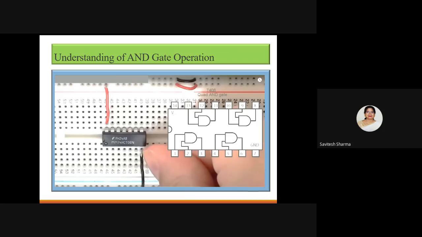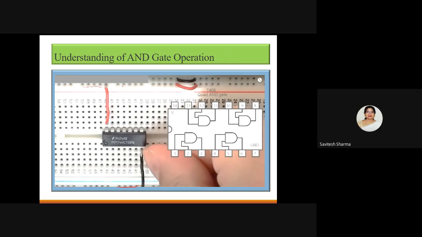So at pin number 7 you will connect a wire, and you will connect it here in the horizontal line. So whenever you require a ground, you can use these holes. Okay, but these horizontal holes, this always will be at 0 volt, and these holes will always be at 5 volt if you are connecting a battery here.